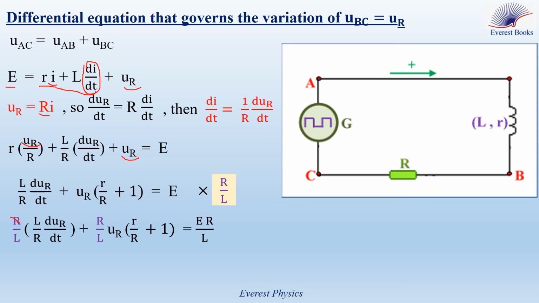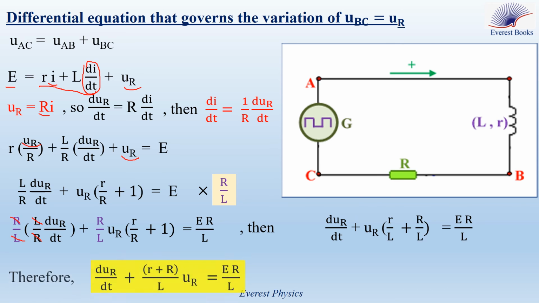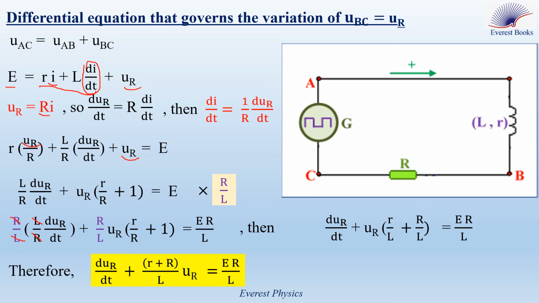Now R cancels R, L cancels L, therefore dUR by dt plus UR into R over L plus R over L equal ER over L. Now, by taking L as a common denominator, we write the final differential equation in UR, which is dUR by dt plus R over L UR equal ER over L.